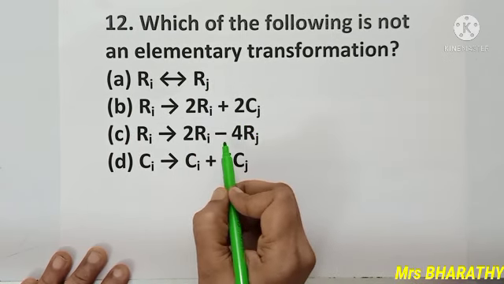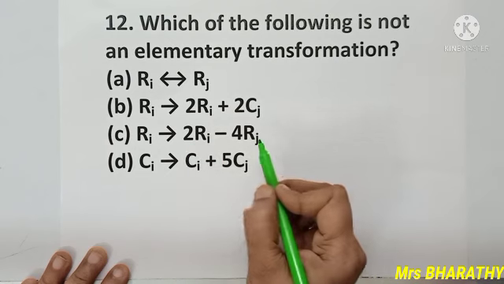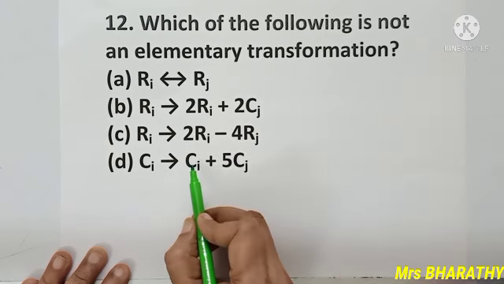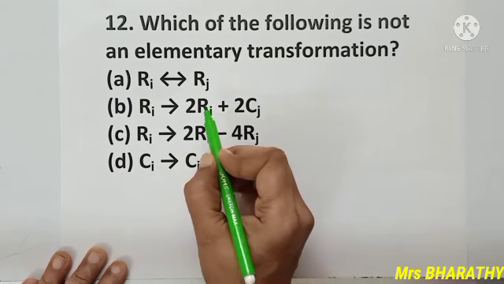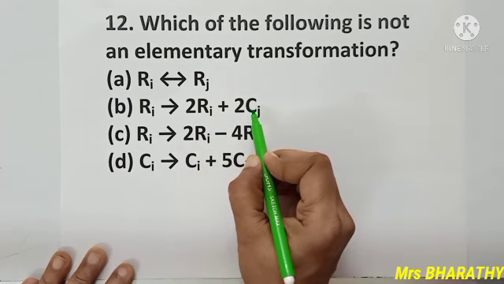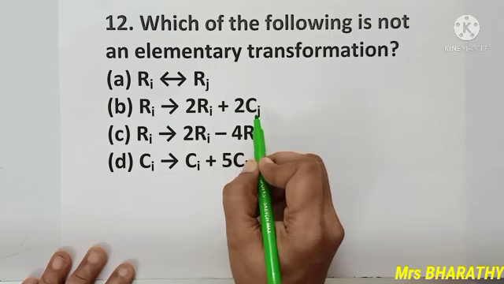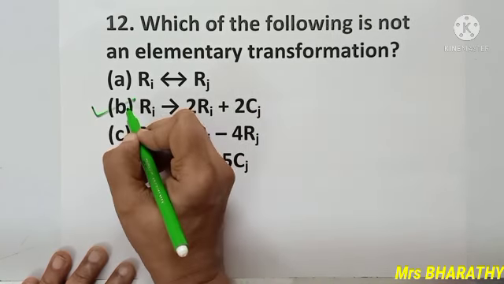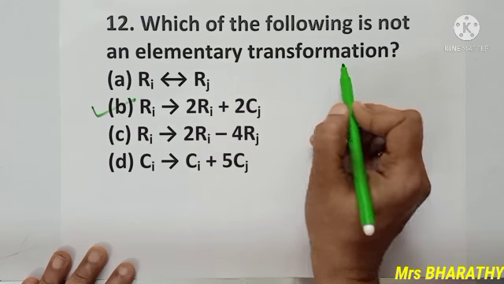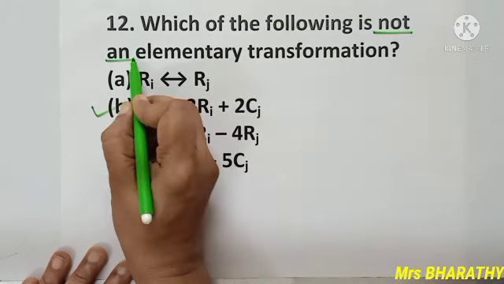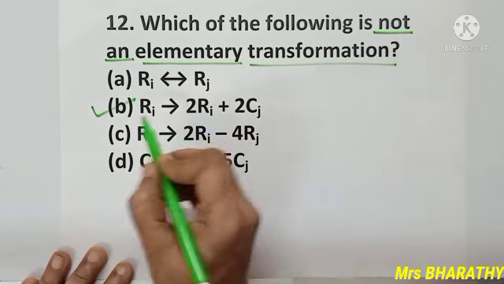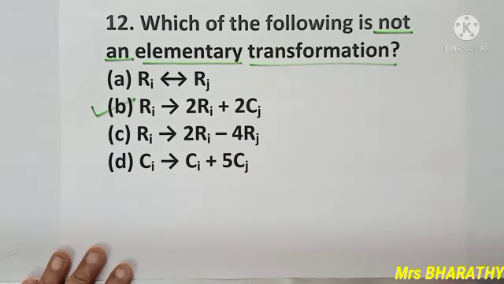You can add or subtract multiples of one row with another row. Same way one column with other column. But here row is coming, column is coming, which is not permissible. So option B is not an elementary transformation. So option B is the right choice.